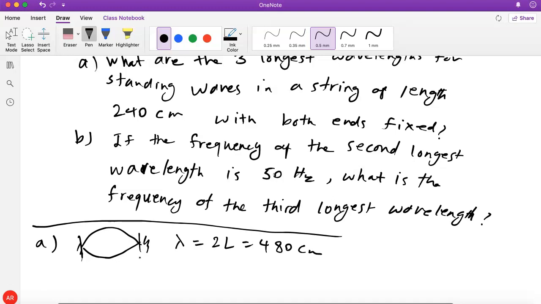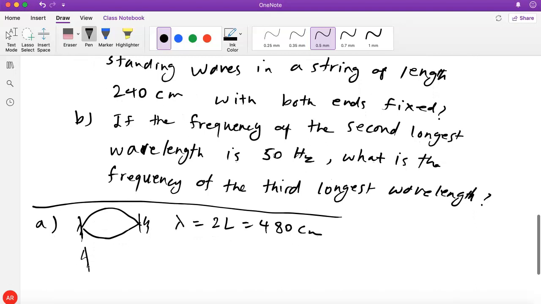Right, from here to here we have 240. Lambda is twice this. Then the next one, as you can see, has 2 lambda over 2, so let's call the first one lambda 1. Lambda 2 is just L, which is 240.